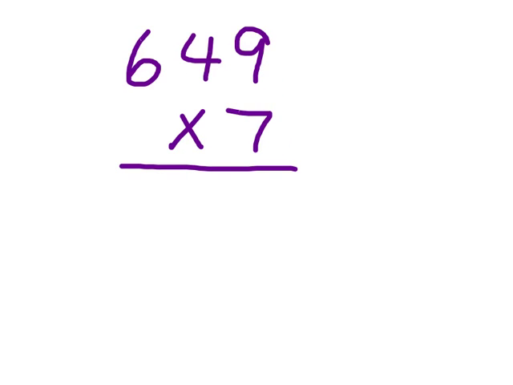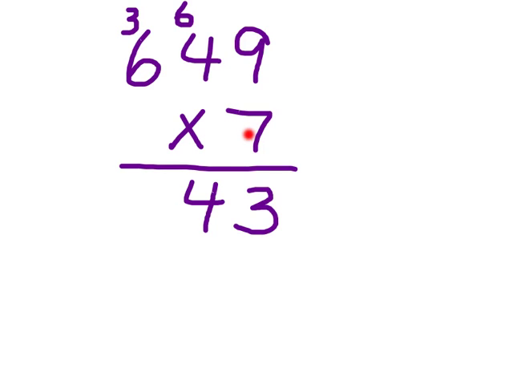So 7 times 9 is my first question. We know that 7 times 9 makes 63, so 3 comes down here, little 6 at the top. Next I have 7 times 4, and that makes 28, and if I add 6 to 28, I get 34. So 4 here, 3 at the top.